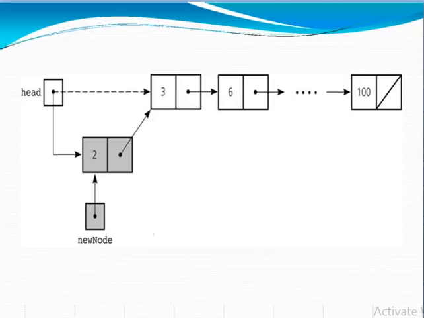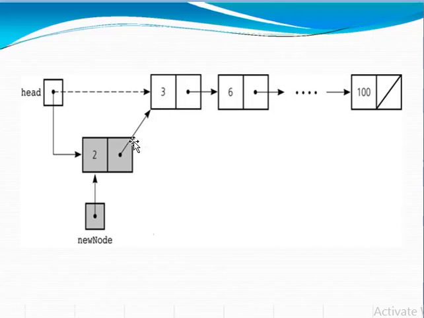Look at the diagram. Firstly the linked list has only three elements, say 3, 6 up to 100. But if I want to insert a new element at the beginning of the list, it means before 3.